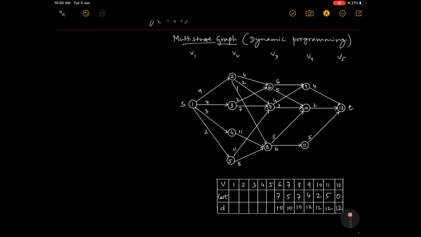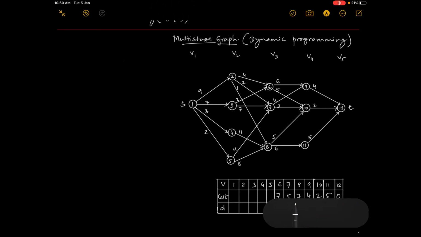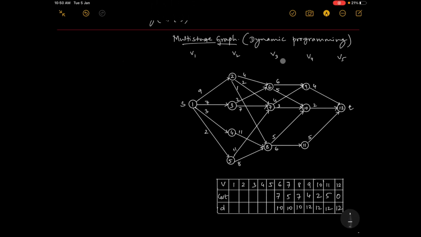Okay, now stage 3 is over, all the elements are over, correct? Stage 3, vertices 6, 7 and 8, they are filled. Now in stage 2, these 4 elements are there: 2, 3, 4, 5. If you fill this, then we will get the least path here, correct? So next is stage 2.